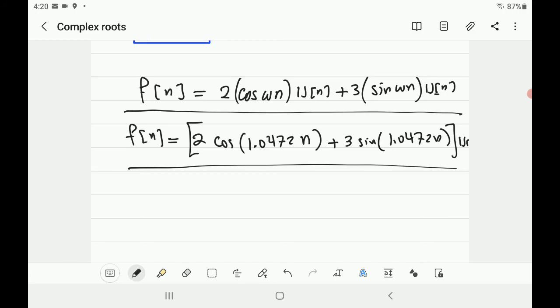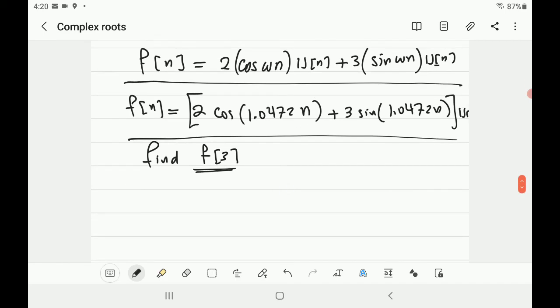Make sure that you can find the value of this function or this sequence at any n. For example, you might be asked to find f of 3, meaning at n equal to 3, the fourth sample. What is the value? You just substitute.